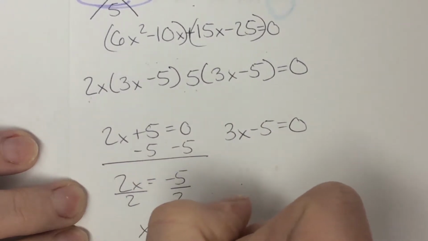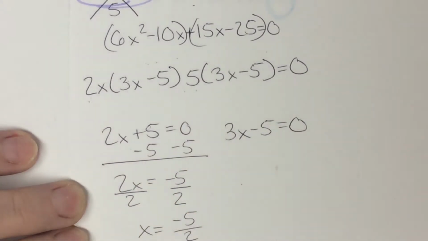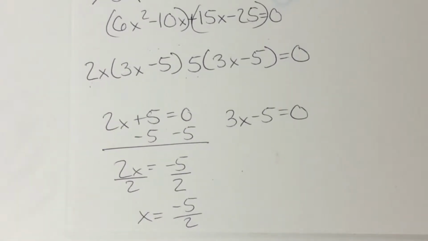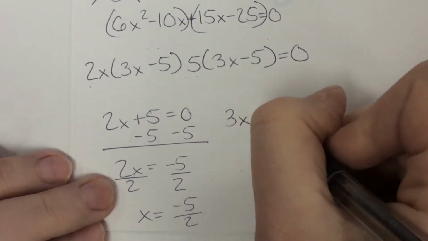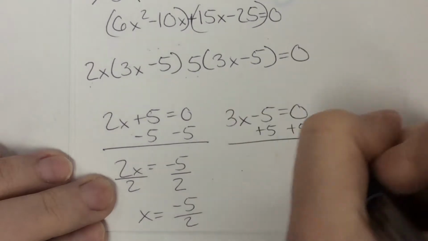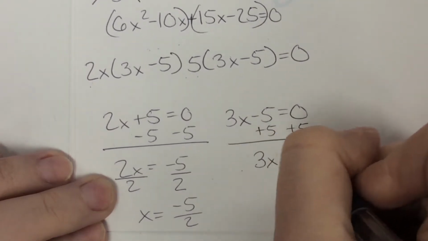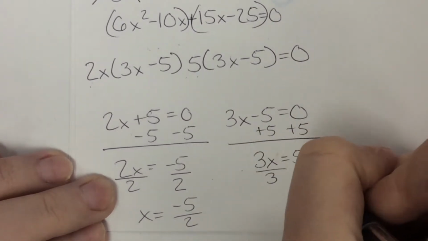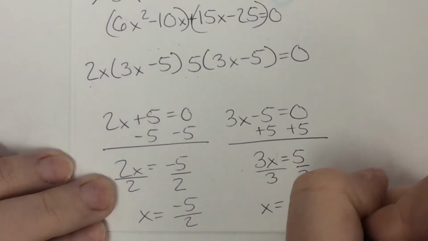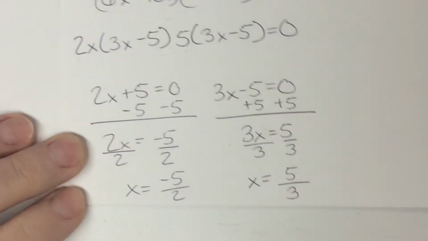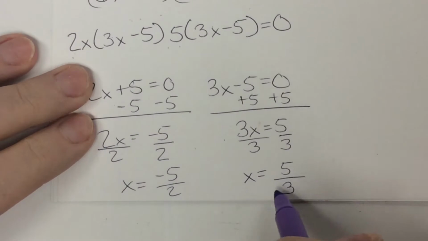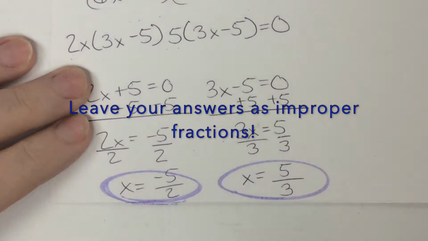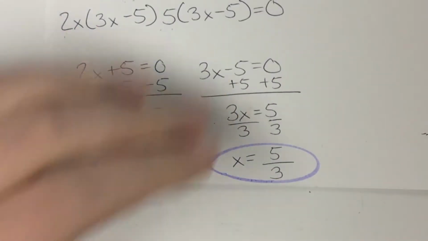X is negative 5 halves. And the other one, add 5. 3x equals 5. Divide by 3. X equals positive 5/3. These are our 2 answers here.